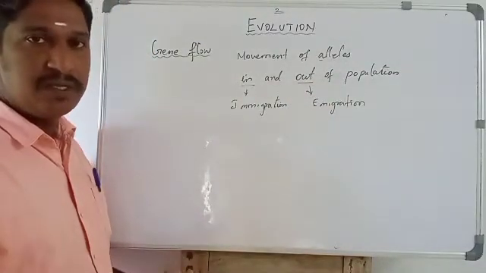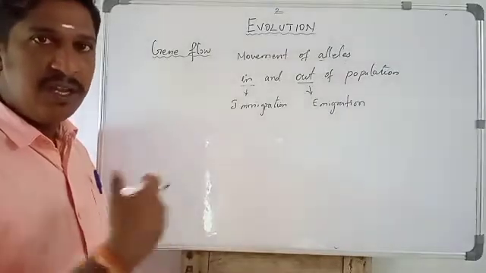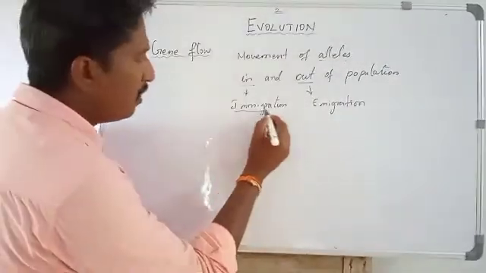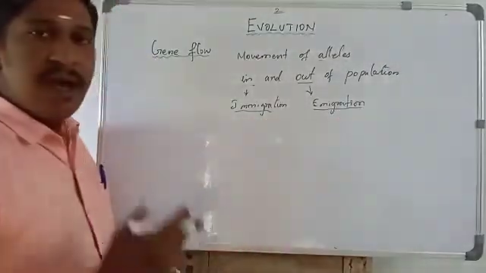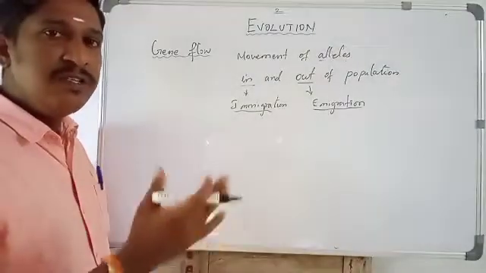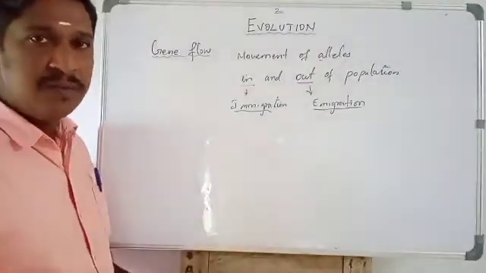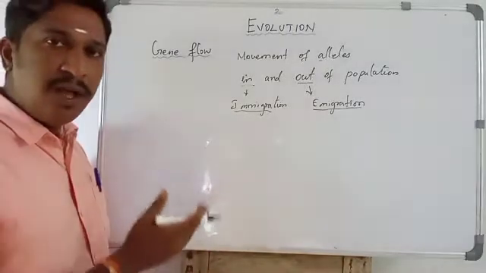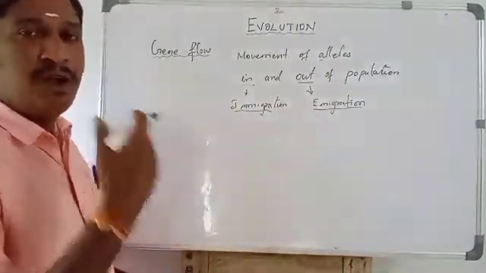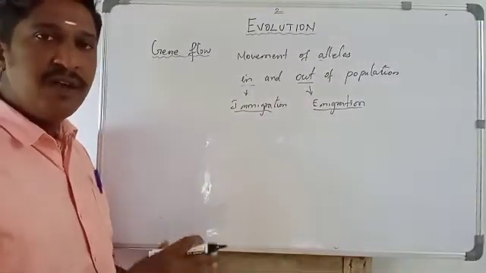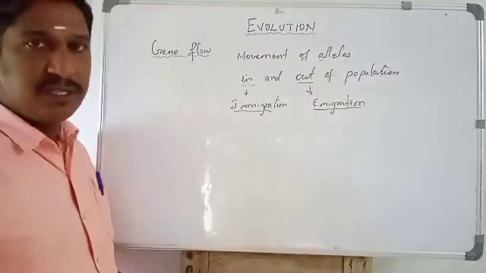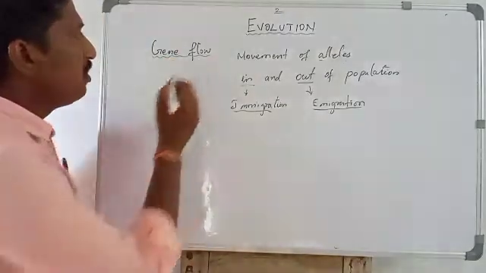So any movement, immigration or emigration, adds new alleles to that particular population. When we add new alleles or lose some alleles, it changes the frequencies of the population. It is called gene flow.